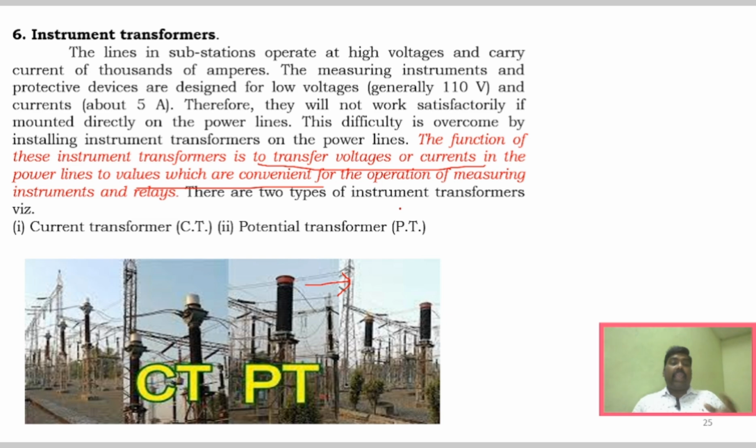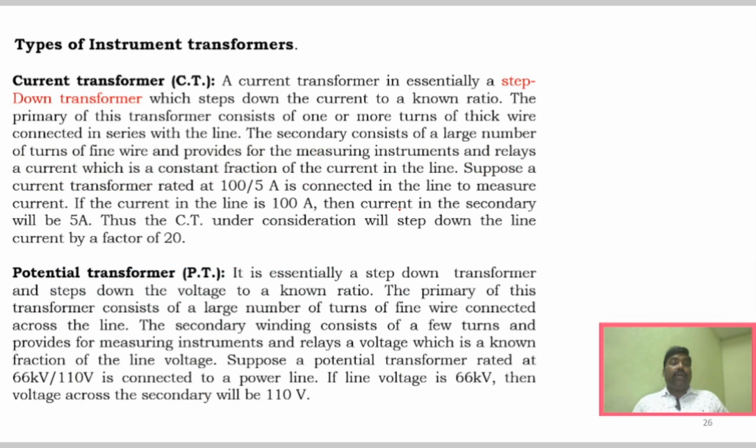It can be a current transformer or potential transformer, where both are step down transformers. You can see 100 ampere current can be stepped down to 5 ampere, whereas in the potential transformer, 66 kilovolt can be converted to 110 volt.